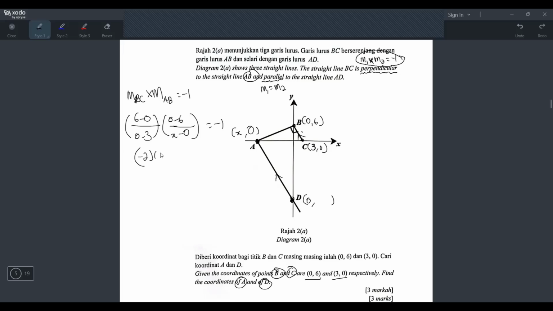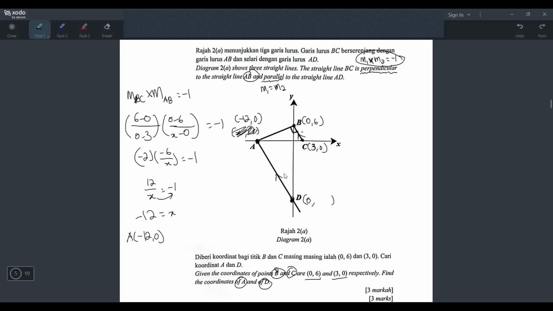And 0 minus 6 is -6 over x, equals -1. -2 times -6 is positive 12 over x equals -1. So your x is -12. It means your point A is actually -12, 0. Why is it -12? Because when you move the x here, it becomes -x equals 12, and then you move the -1 back down here. That's why it's -12. So the point A is -12, 0.